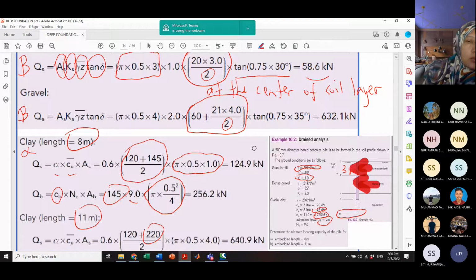Now again we have to measure at the mid center of the 4, so divide by 2. So we get 21 times 4 divided by 2 plus 60. This is the overburden pressure at the mid of the second layer. So you can have the net QS as 632.1.